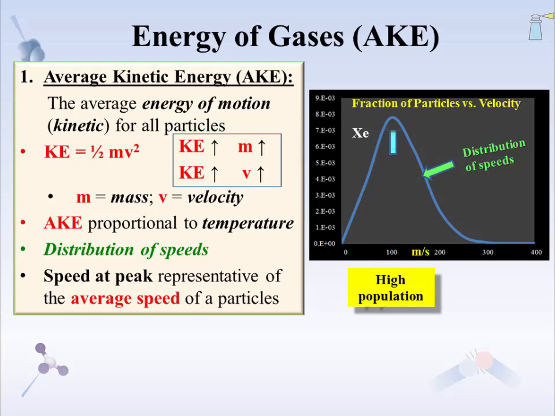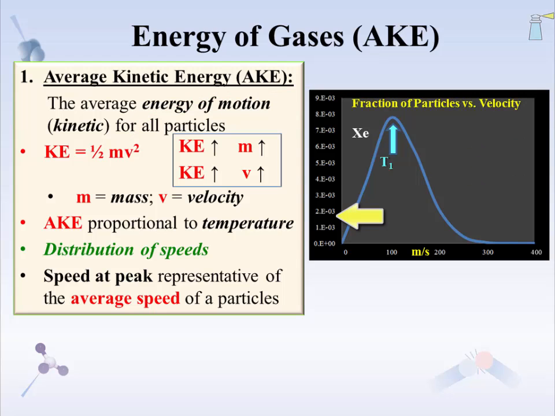In fact, the velocity at the peak is representative of the average velocity of the particles. This velocity can be used, along with mass, to calculate the average kinetic energy and all that implies. It makes sense to use the peak as an average, since about half of the particles are moving slower than the average speed, and half are moving faster.